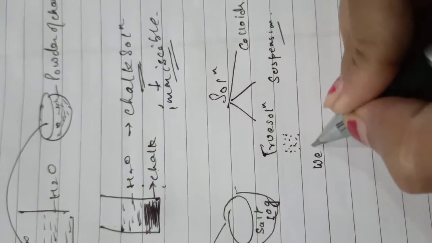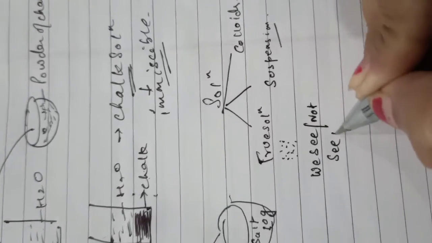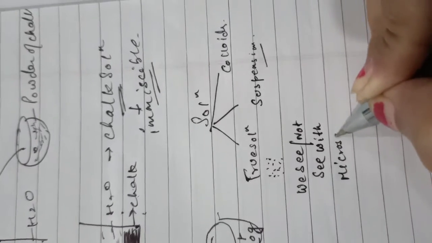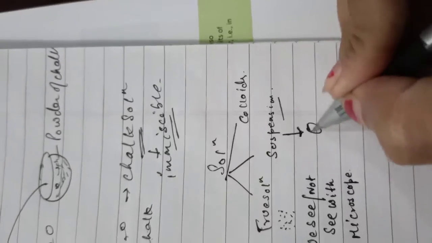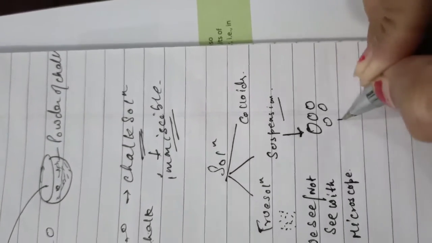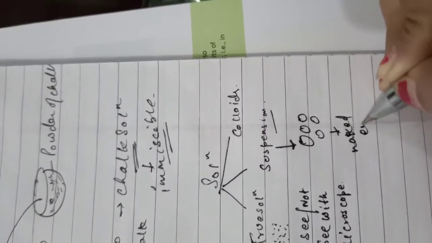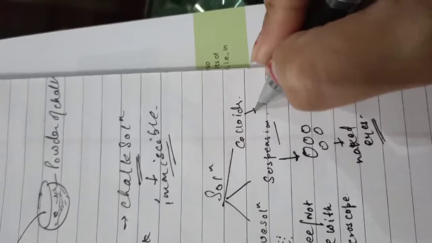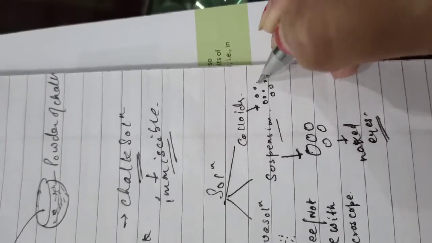In a suspension, bigger particles can be seen with naked eyes, meaning without any specs. Colloids, some are small, some are bigger.